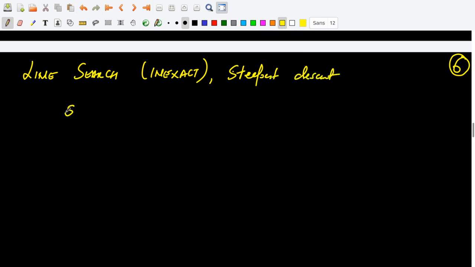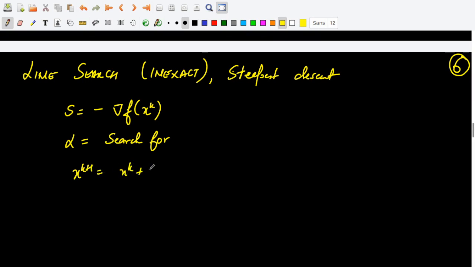So my direction is going to be the negative of the gradient of the function at the current point, and then alpha is going to be something that we will have to search for, and then the next point is going to be just xk plus alpha times s, and this is repeated until we converge.